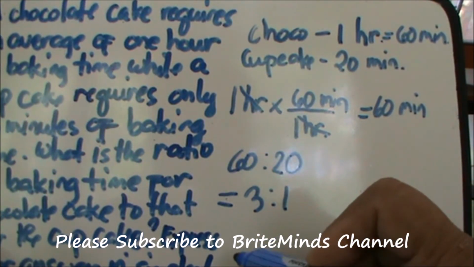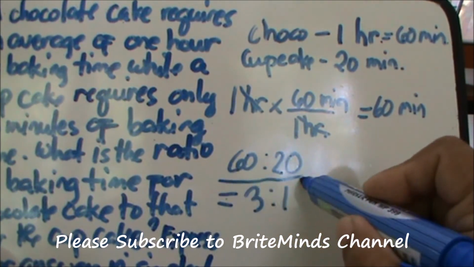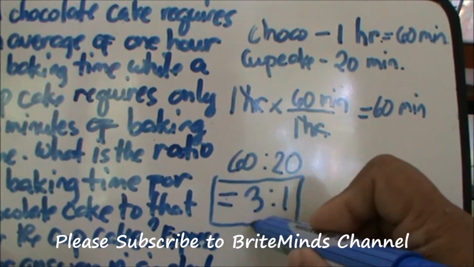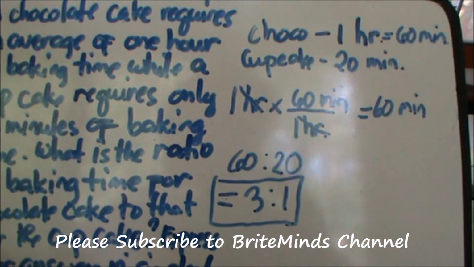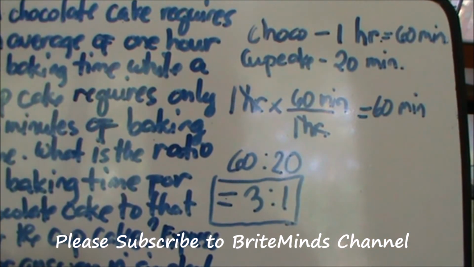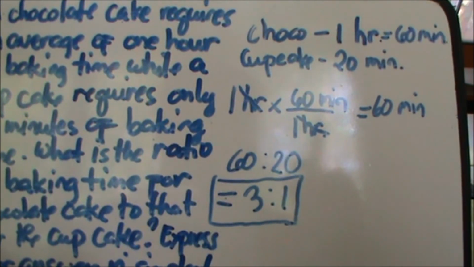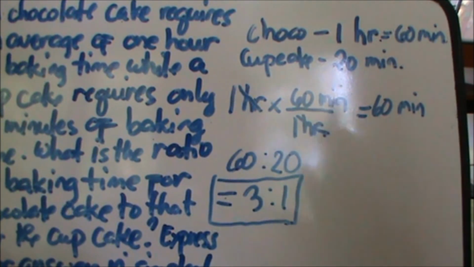So our ratio is 3:1. And always remember that a ratio has no unit because we are comparing the same measurement.